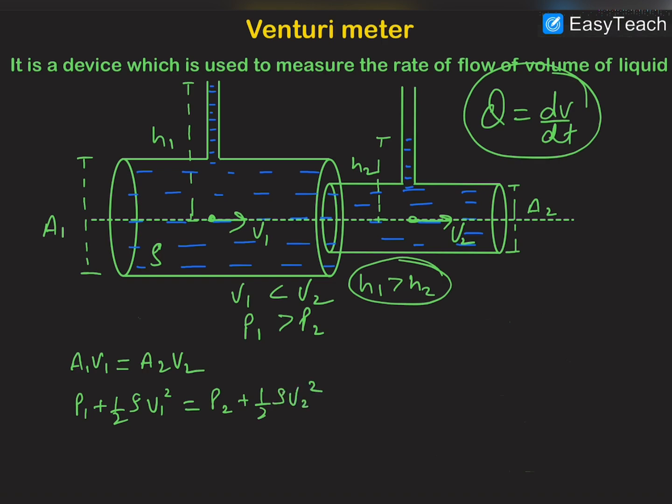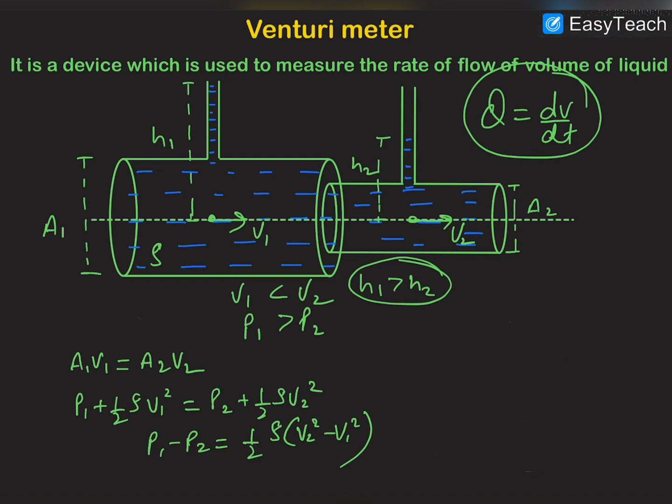Obviously I'm not including the h rho g term because these two points are situated at the same level, so the potential head will not be included. So P1 minus P2 will be equal to half rho times V2 square minus V1 square.